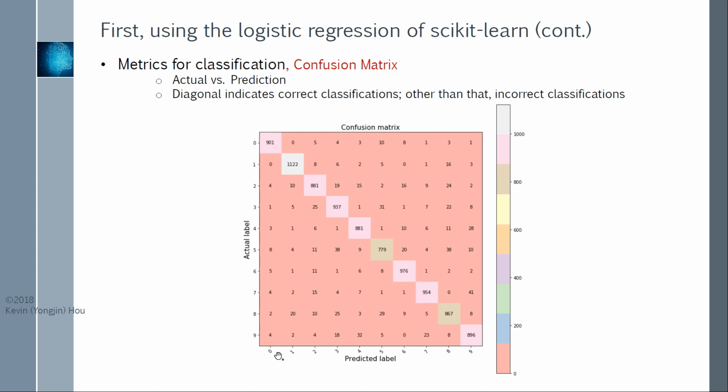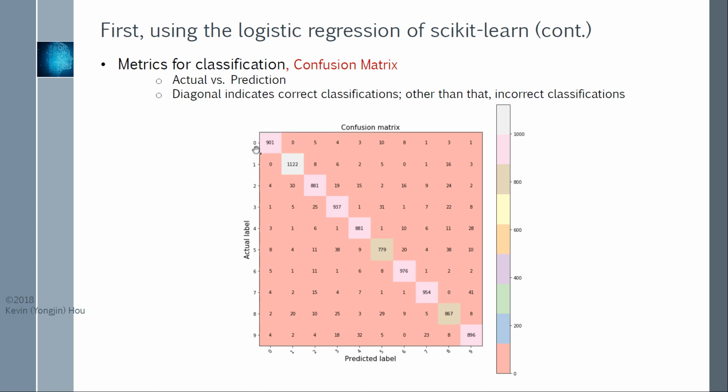The way to read it is, the numbers on the diagonal mean the actual and the prediction are consistent. So every number on the diagonal line indicates we predicted correctly. That's good. Things which are not on the diagonal line are misclassifications.